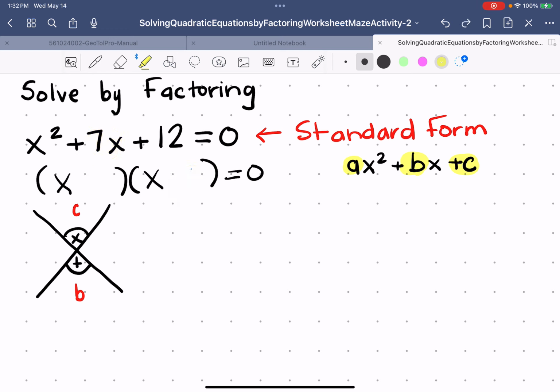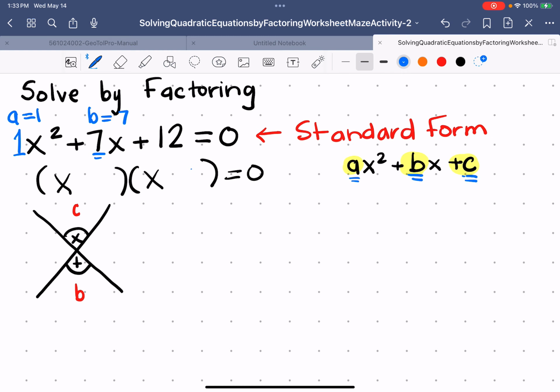My equation is already in standard form, which means it is in ax squared plus bx plus c. So a is the coefficient of x squared, in this case 1. b is the coefficient of x, in this case b is equal to 7.